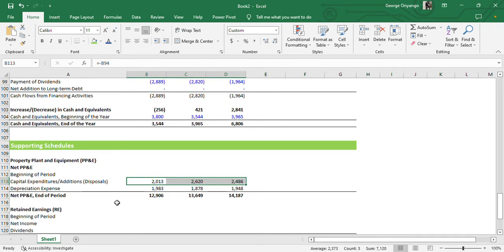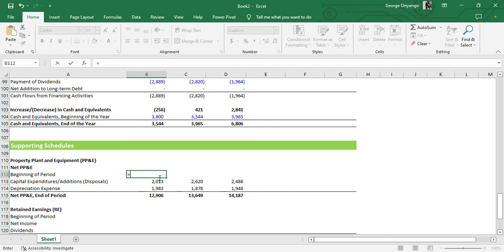Yes. So for us to get now the net property, plant and equipment at the beginning of the period, this information we were not given, but we are able to extract it from here. So to get this value, we are just going to take this, then subtract this one, then add this to get the value at the beginning of the year.